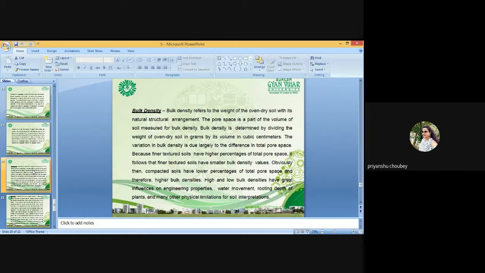The bulk density generally increases with soil depth due to lower organic matter content and the overburden of the upper soil layers. In swelling soils, it decreases with the increase in moisture content.